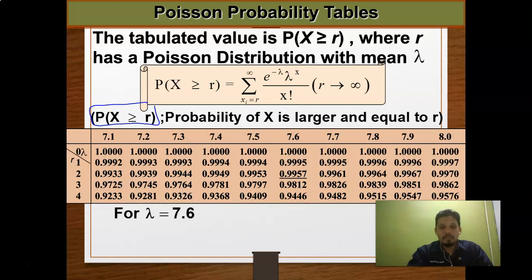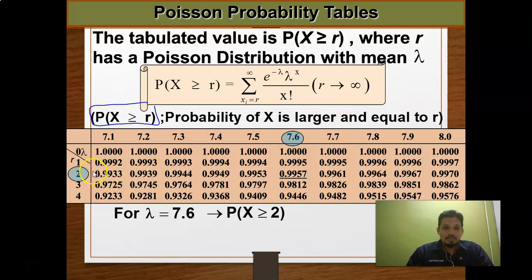So just like the binomial, the value that you see in this box here is the probability of x greater than or equal to r. For lambda is 7.6, it is the probability of x greater than or equal to 2, as you can see here.